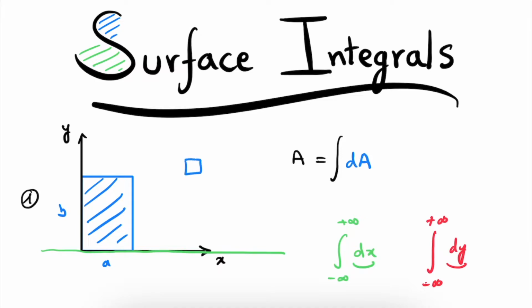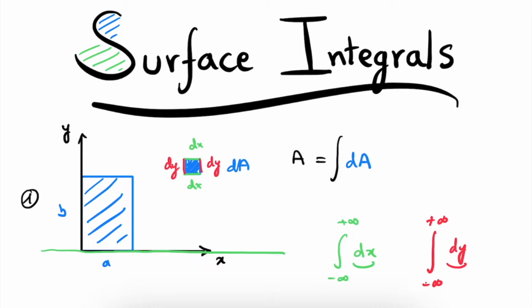Well, let's first draw it out of proportion in our figure right here. Let's say that this is indeed the infinitesimal surface element dA. So what is its surface? Well, we know that in the x direction, this will be the infinitesimal element in the x direction. And in the y direction, this will be the infinitesimal length in the y direction.